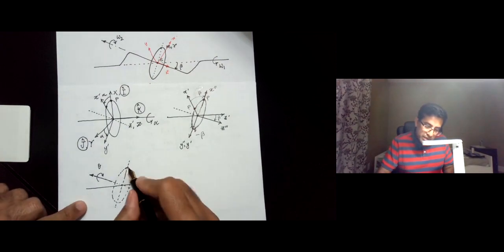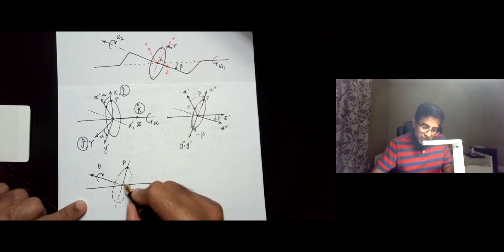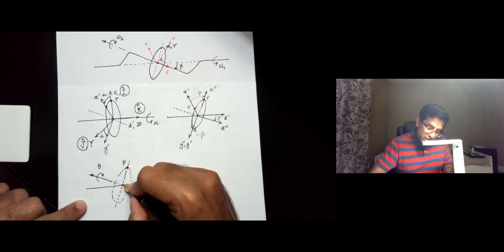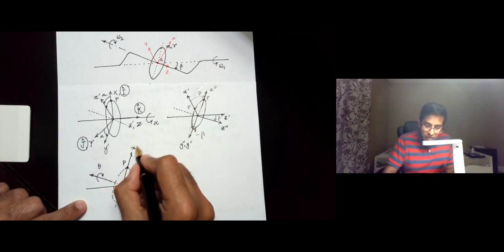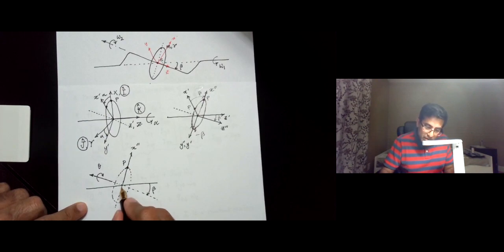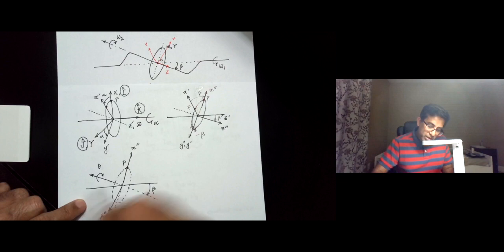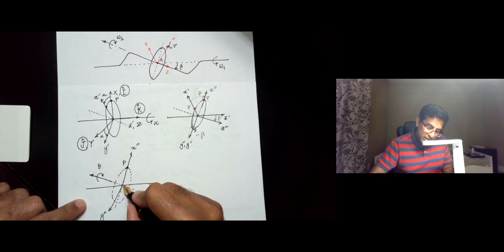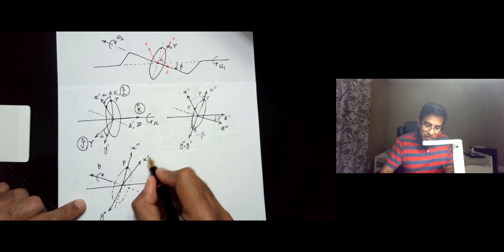So what will happen is P was over here, and if you turn, x double prime was here, and y double prime was here, and now we turn by an angle theta, so x triple prime is here.